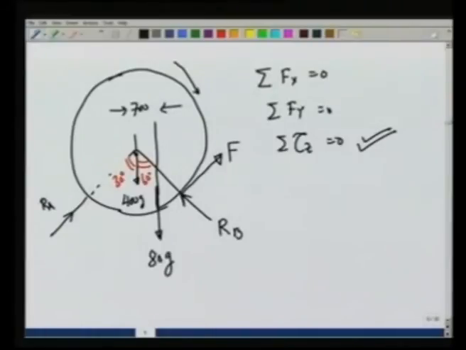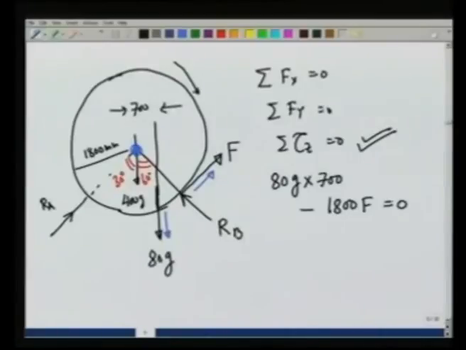For this, let us take the center of the drum as our point about which we take the torque. In that case, the only torques that will be coming into picture would be torque due to this weight and torque due to f. If we do that, we will find that torque equal to 0 gives us 80 g times 700 minus 1800, which is the radius, times f is equal to 0.